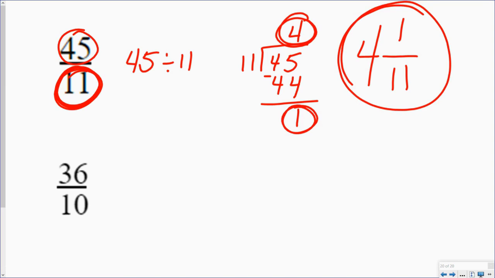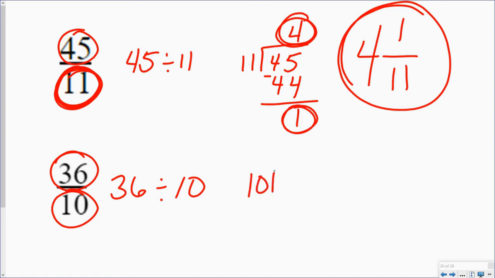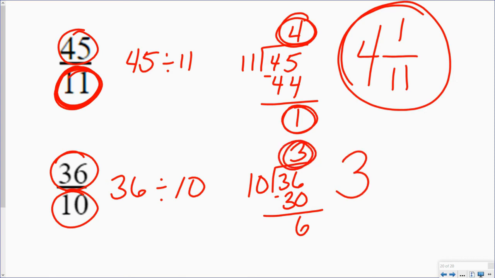If I look here at 36/10, I do the same thing. This is 36 divided by 10, because again, 36 is larger than 10, an improper fraction. So I set that up. Well, it can go in there 3 times, which gives me 30, and I subtract and I get 6. So again, the whole number is 3 because that's how many times it goes in there evenly.